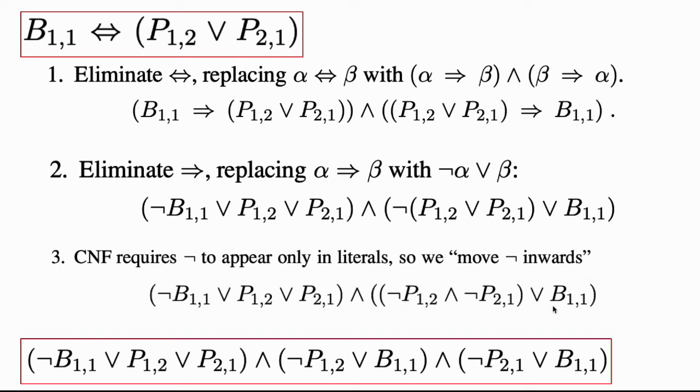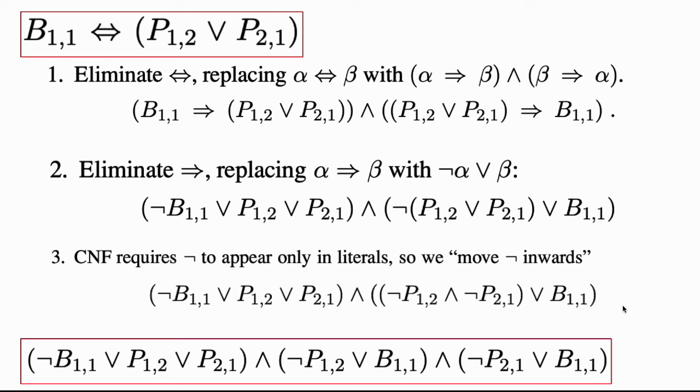A composite clause can have only or operators, and these composite clauses must be conjoined together using the logical AND operator. So finally when we open this up, we get this term. This term is fine because it only has or and a not in front of an atomic sentence, and this one becomes not P12 or B11, and this AND operator comes over here, and then not P21 or B11.